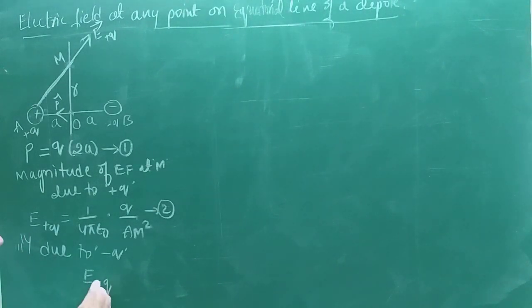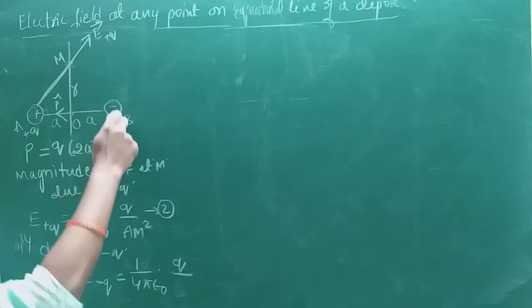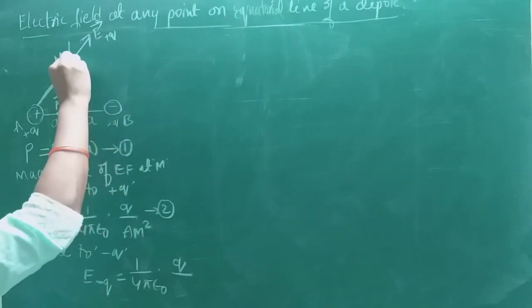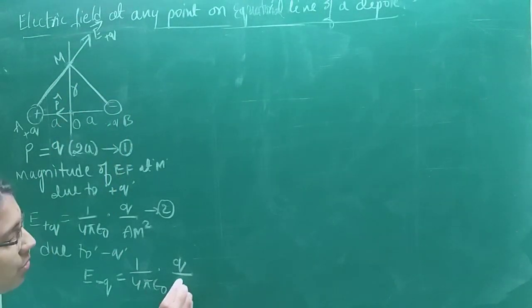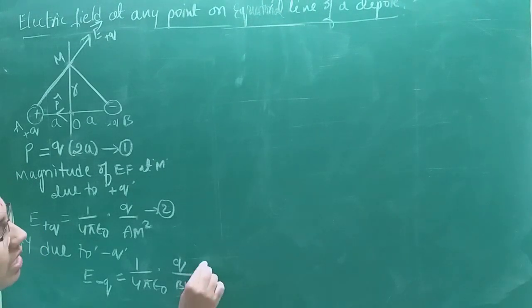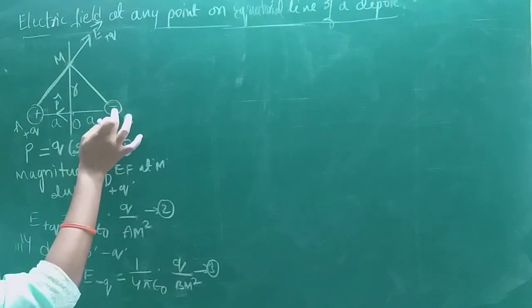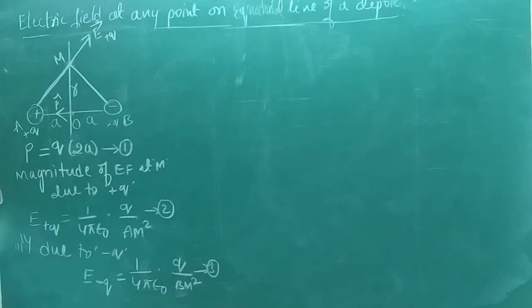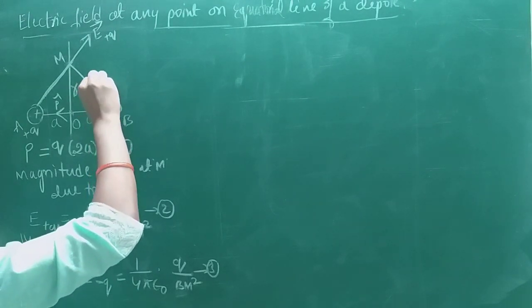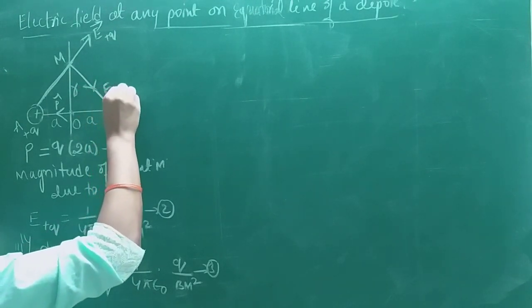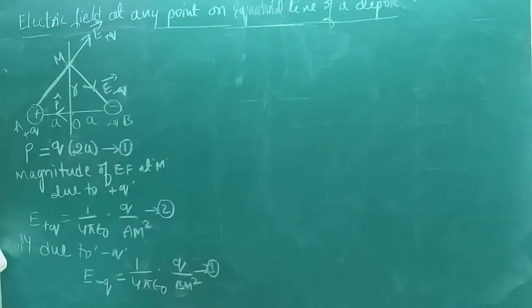So E minus q is equal to, from Coulomb's law, 1 by 4 pi epsilon naught into q divided by the square of the distance of this observation point from the negative charge, that is from B, which is BM. So BM square. Let it be equation 3. And we know due to a negative charge the electric field is acting inward. Therefore the direction of electric field is towards that charge, that is vector E minus q direction.